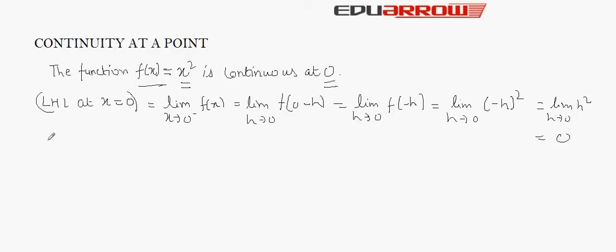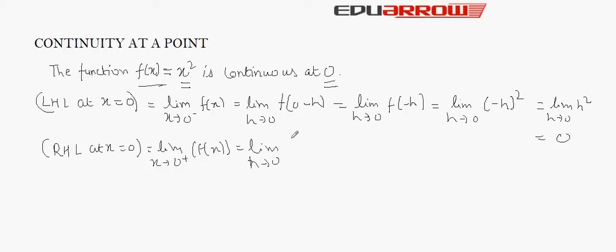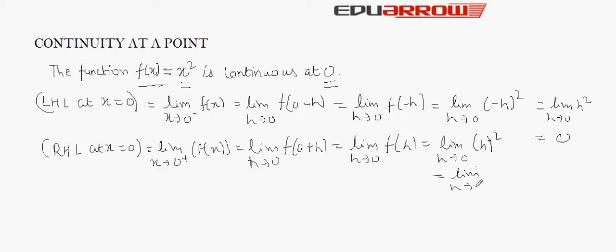Now we will find the right hand limit at x = 0. RHL at x = 0 is equal to limit x tends to 0 positive f(x), which is equal to limit h tends to 0 f(0 plus h), equal to limit h tends to 0 f(h), equal to limit h tends to 0 h whole square, which is equivalent to 0.